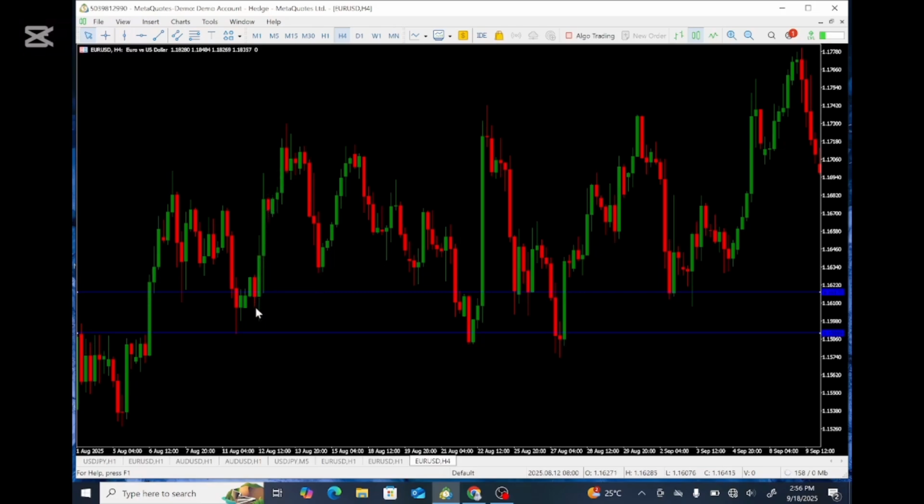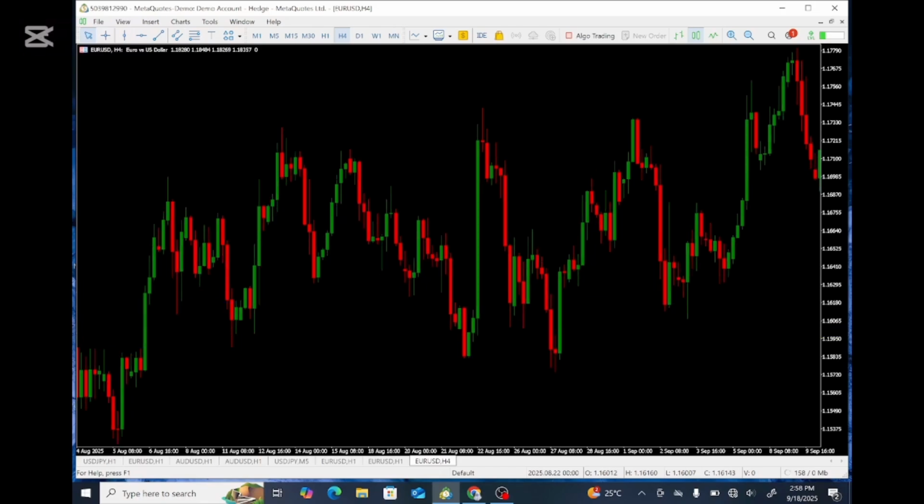You see, this is a very strong move. And a point to note, once a fair value gap has been touched at least 2 or 3 times, that fair value gap is invalid.